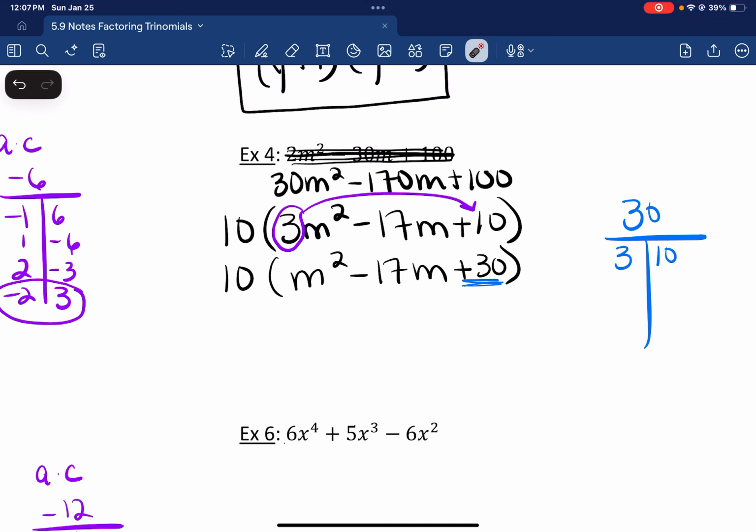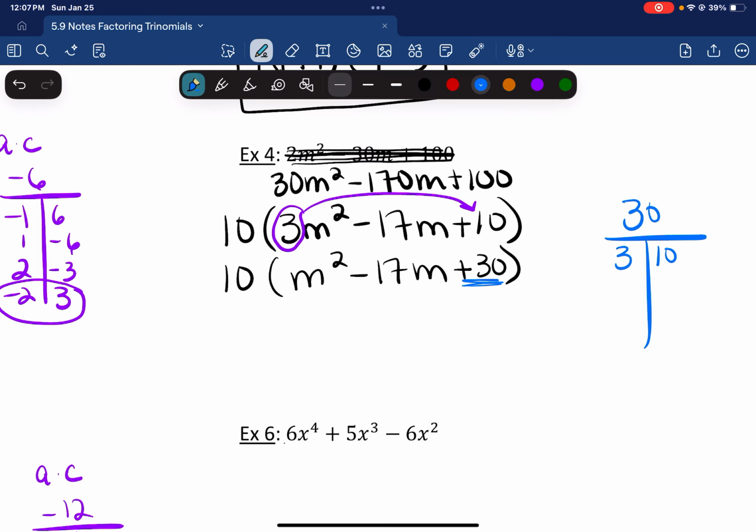But I want my factors to combine to make a -17. So would -3 times -10 combine to give me a -17? No, but I could use a -2 times a -15.